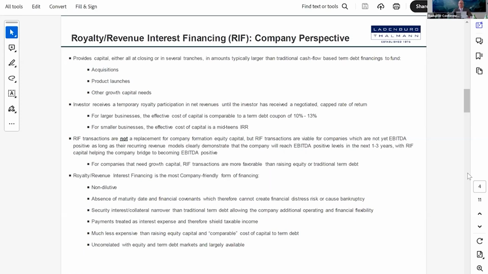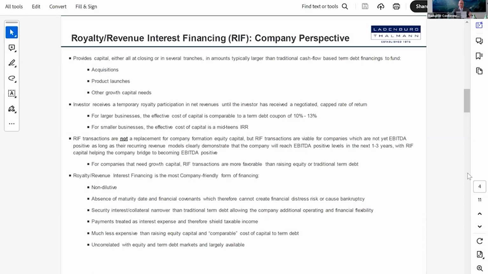Why is that so? Term debt is typically sized based on either a multiple of existing EBITDA or what the company can reasonably expect to repay over a 5-year period until maturity date. This form of financing has no maturity date, and that's one of the advantages.